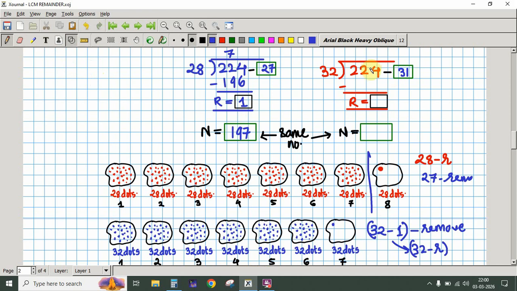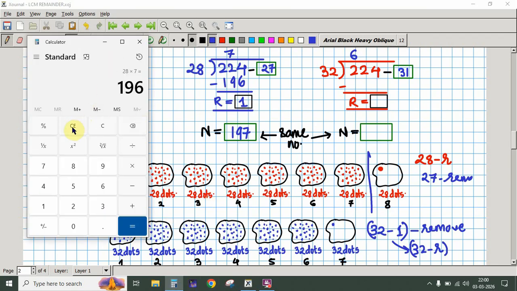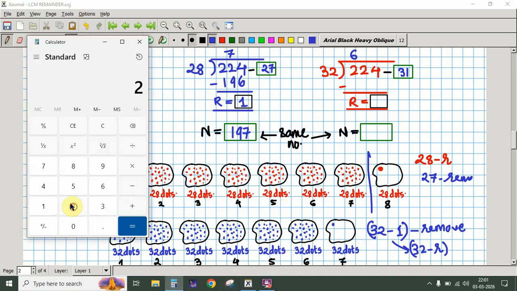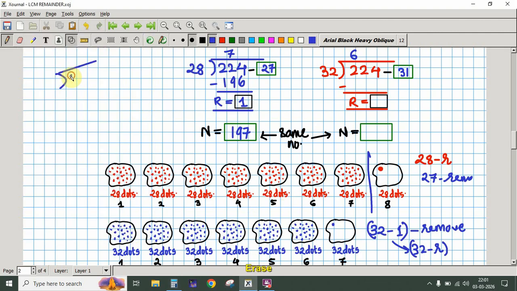Let's work on this. 32: I have disturbed the last set, so I can take 32 sixes. Let me write over here. I have to remove 31 from all 224 dots. 224 dots minus 31 is 193.